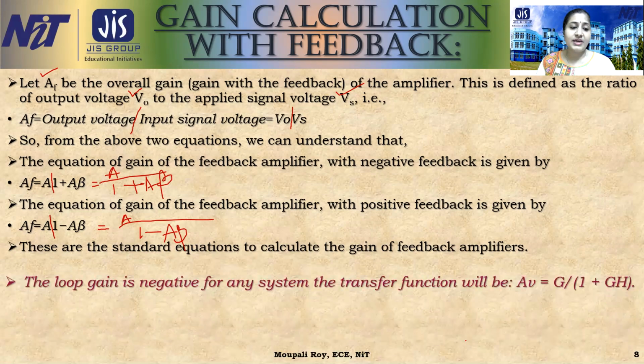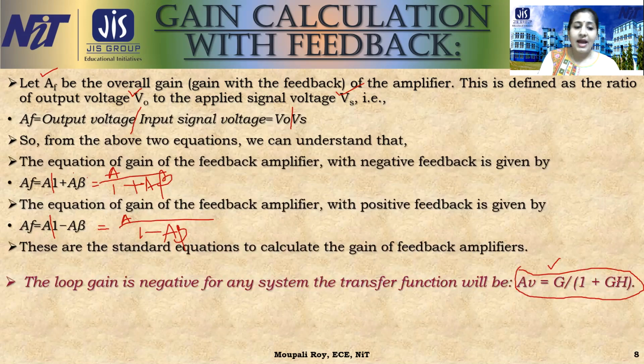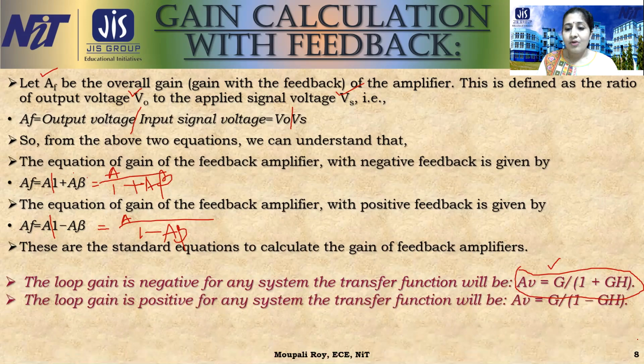From this we can say the loop gain is negative for any system. Suppose we let A equal G and beta equal H. Then AV is equal to G by 1 plus GH, and for positive feedback AV is equal to G by 1 minus GH.